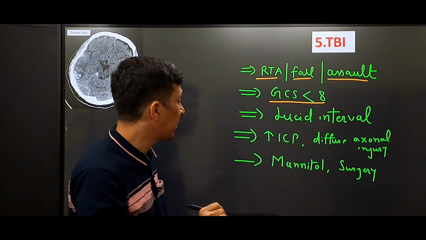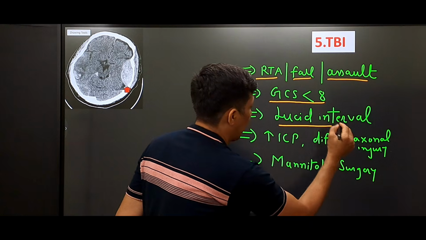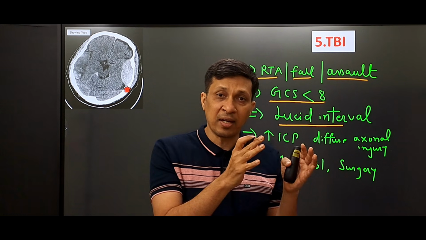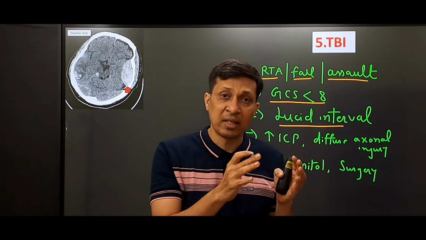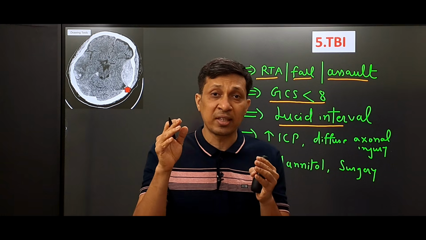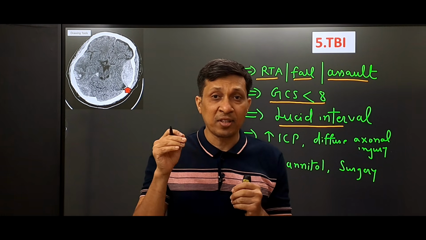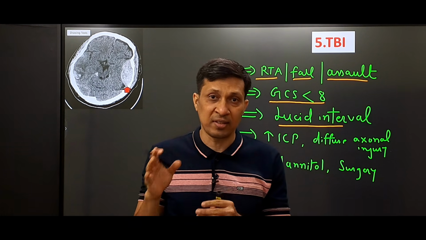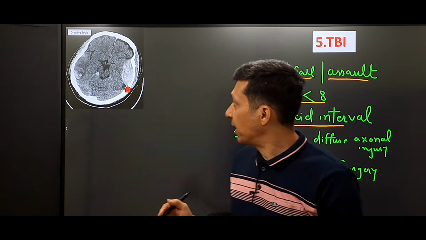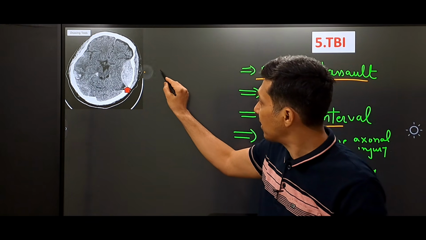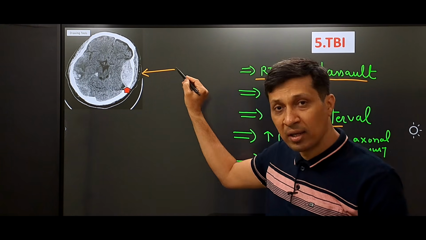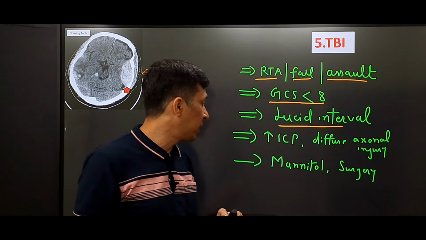There can be something called a lucid interval. What is lucid interval? Initially the patient is unconscious, then regains consciousness for some time, and then after some hours becomes unconscious again. This is the lucid interval, and it is common in this type of hemorrhage, that is epidural hematoma.